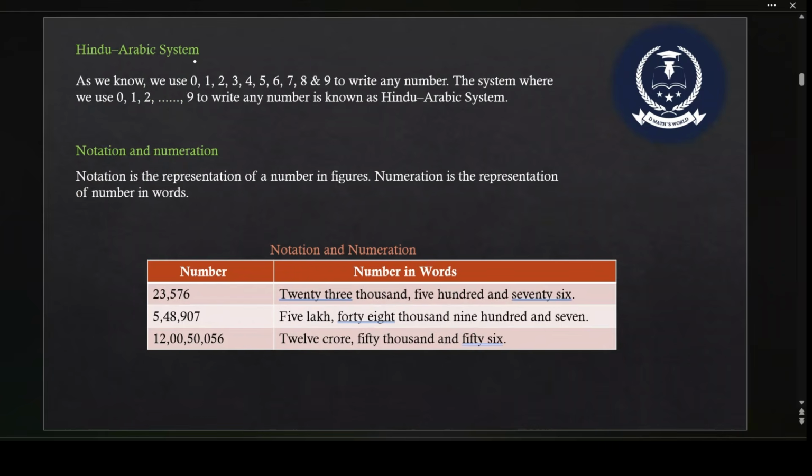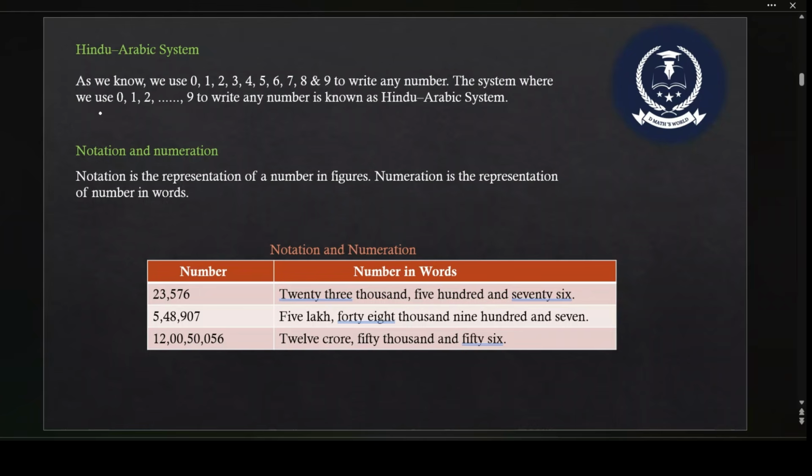Look, the Hindu-Arabic system. As we know, we use 0, 1, 2, 3, 4, 5, 6, 7, 8, 9 to write any numbers. We can use them to write a lot of numbers like 69, 35, 67, 45. If we merge them, we get another number.